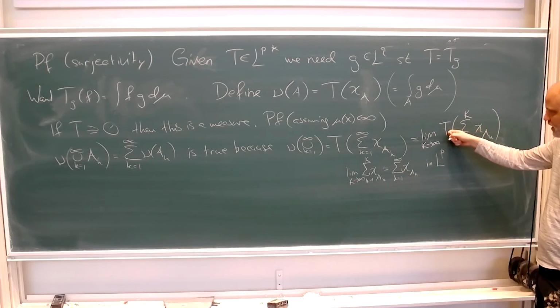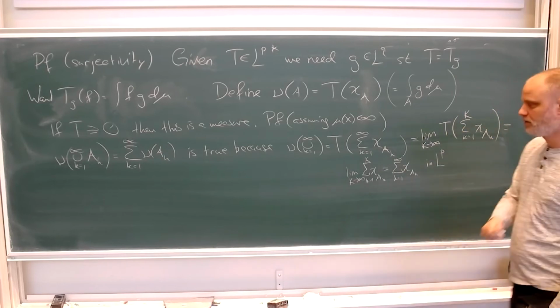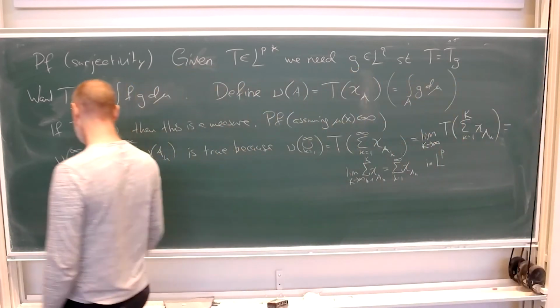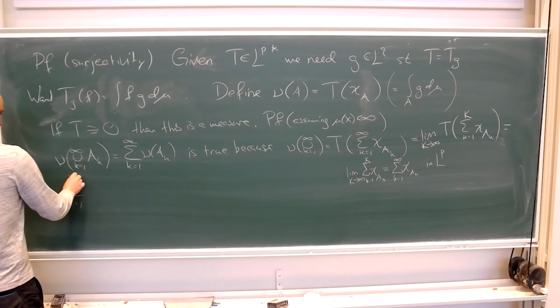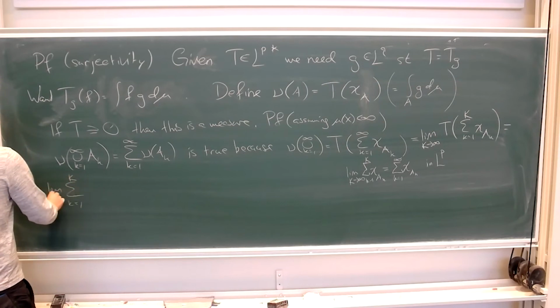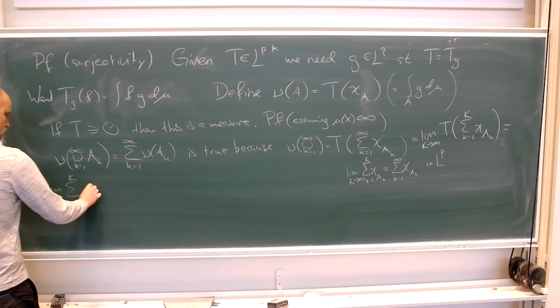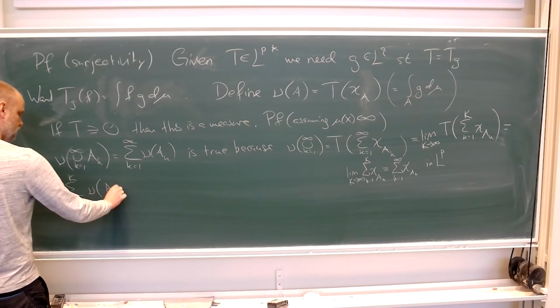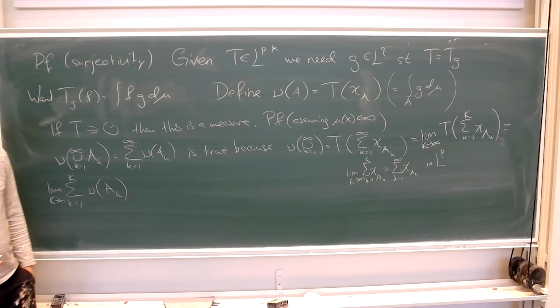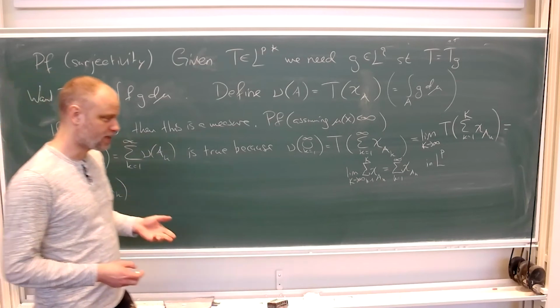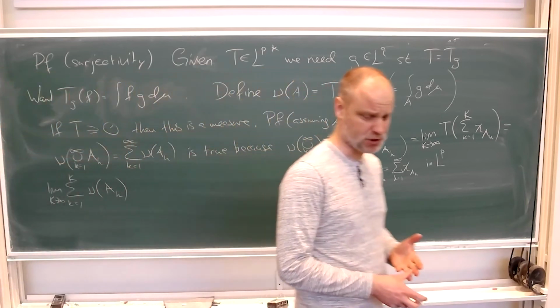And now I use linearity of T. So I can move this outside also. And now I have, by definition, mu of AK, right? And there you go. So if T is non-negative, mu is a measure.